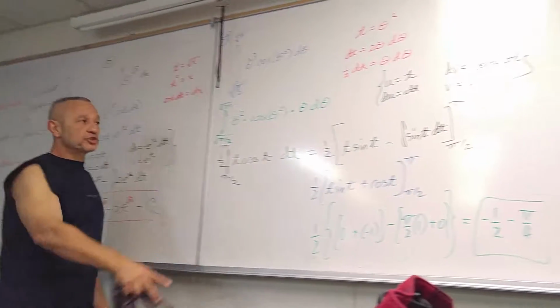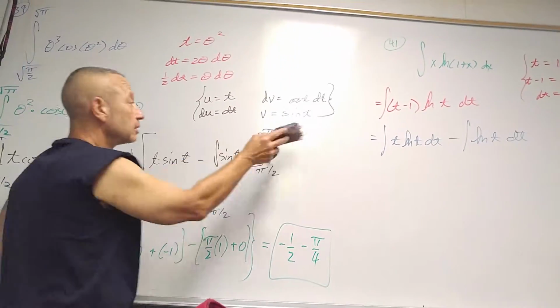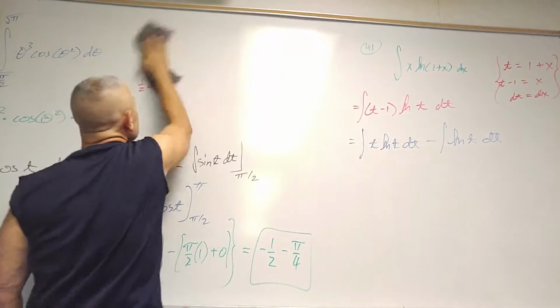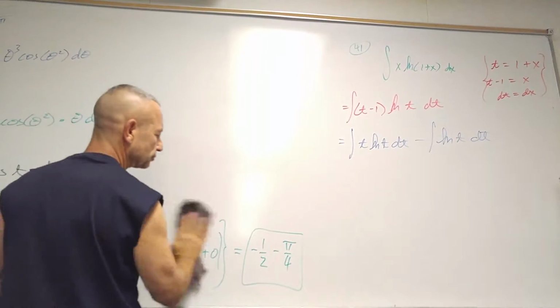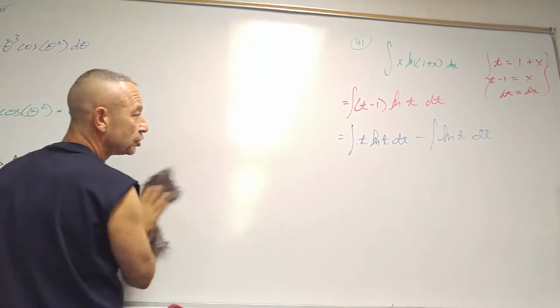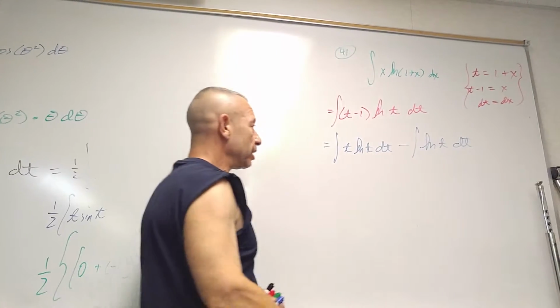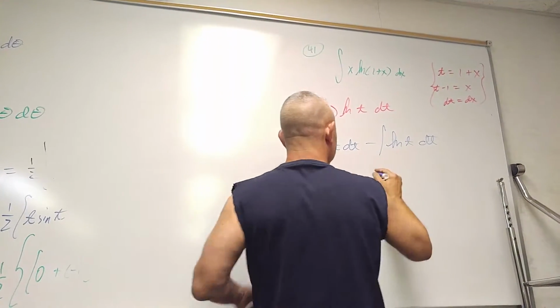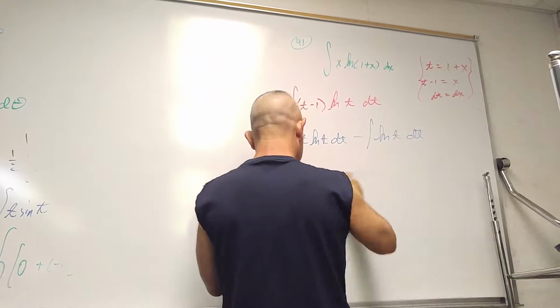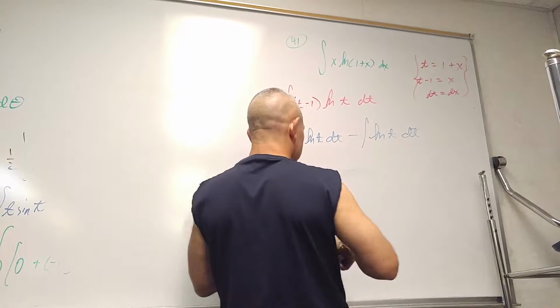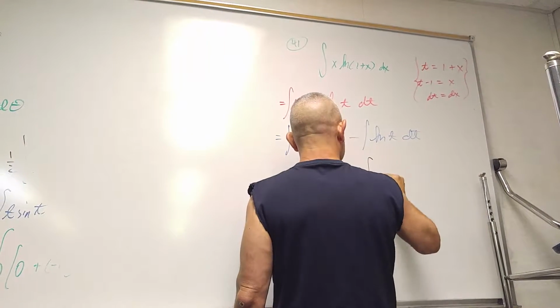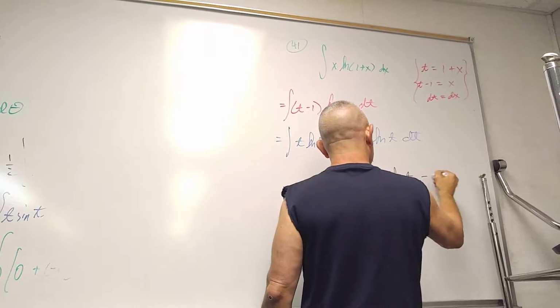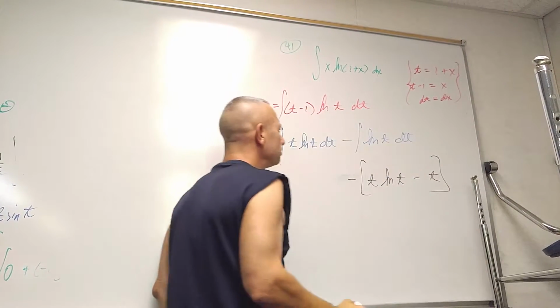Can I erase this junk here in the middle? So, anybody remember what this was? The integral for ln t? Was it t ln t minus t? Is that right?